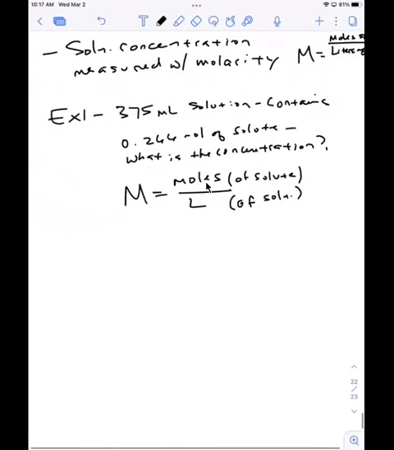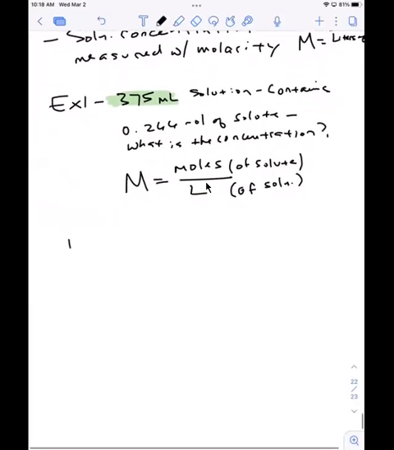Right. We can figure this out. We have the numbers. We just need to make sure that everything is in the proper units. So it gave us 375 milliliters of solution. What that means is if we need liters of solution, we need to take milliliters and convert into liters. Your volume always has to be in liters.